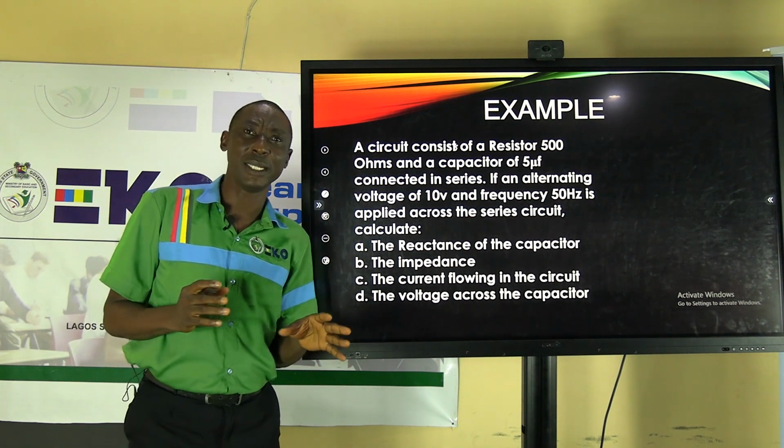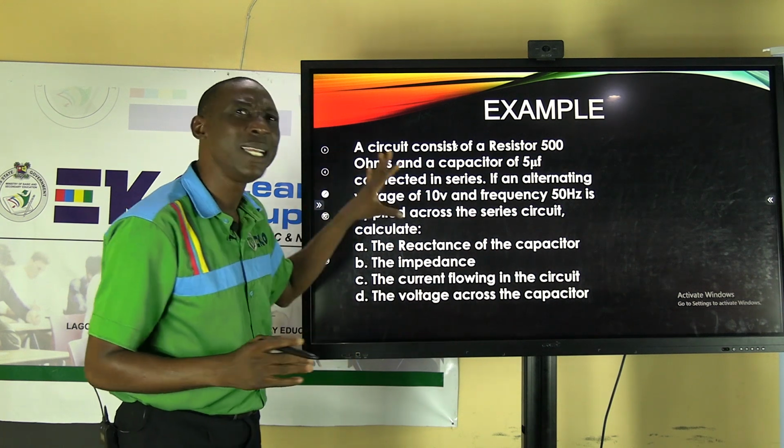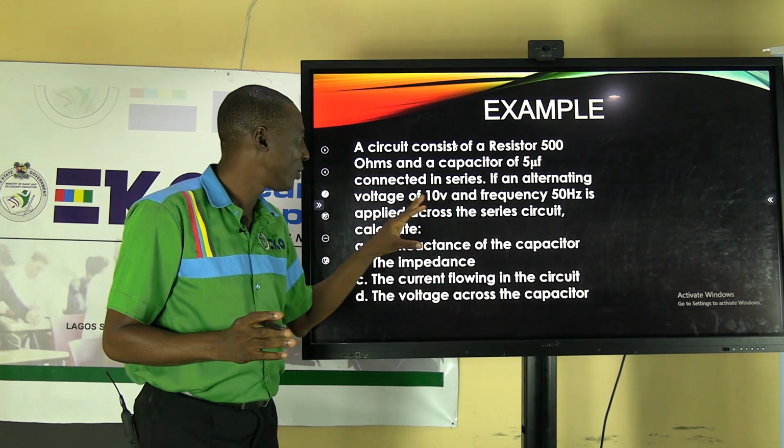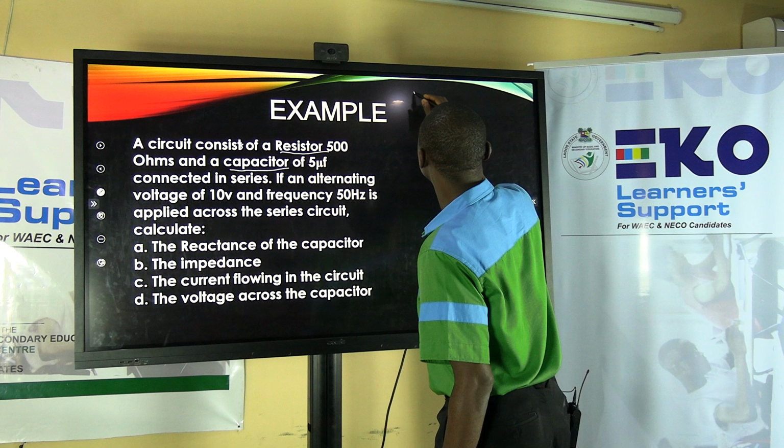For you to understand this, you must be able to see: is this an impedance or a reactance? I told you, impedance is made of a minimum of two. So what are we given? The data.